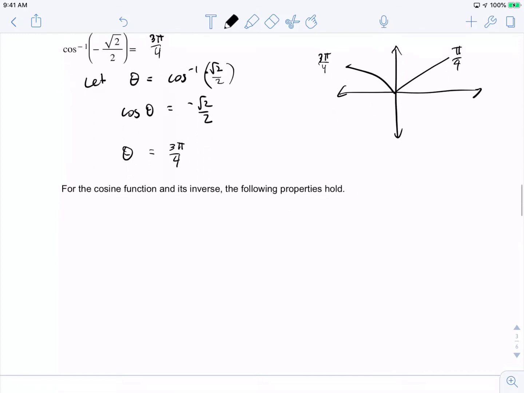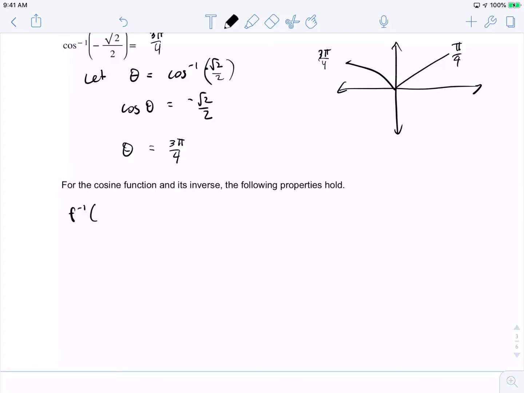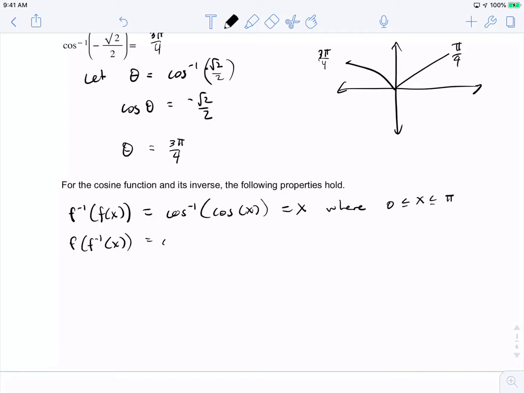Some properties for this would be f inverse of f of x is equal to cosine inverse of cosine of x. That's going to be x, and then again there's a restriction there of being between 0 and pi, and then when we switch our composition, the restriction is going to be a little different also, and here the restriction is going to be from -1 to 1.